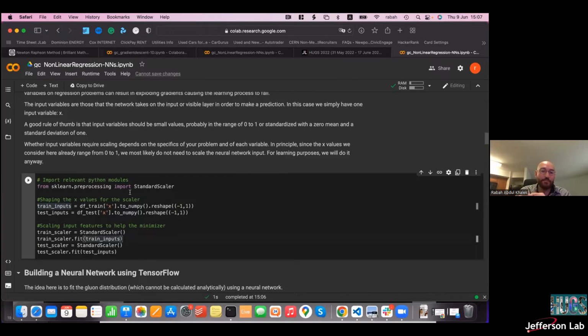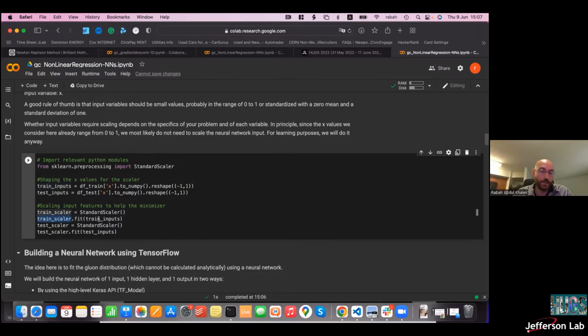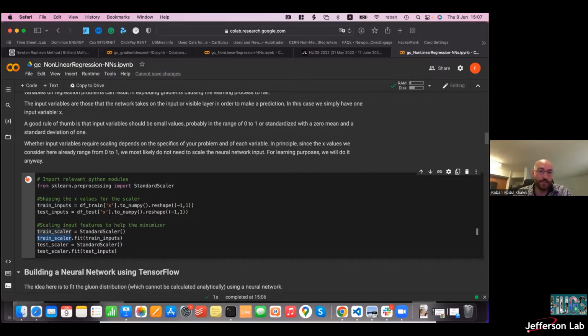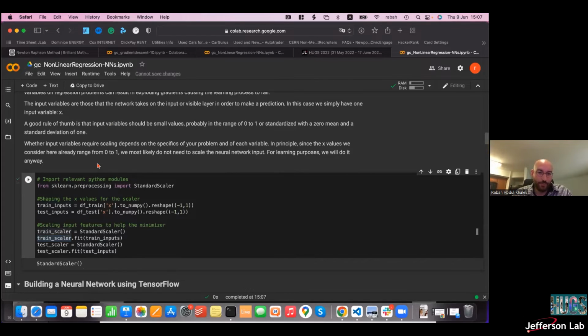Therefore, I should try to renormalize this input feature, x, it could be anything, to something different and see if it gives me a better training. And this is what's done here. So I'm using this scalar to scale the x input, okay? You can read more if you want more details.